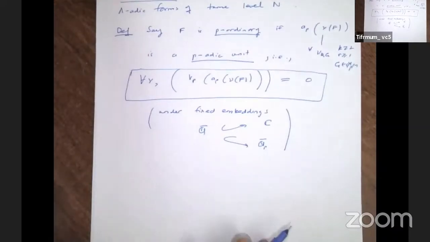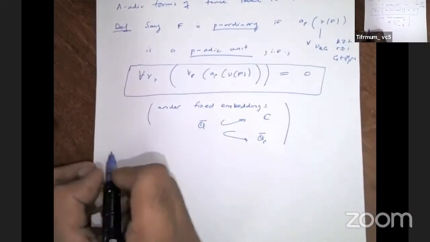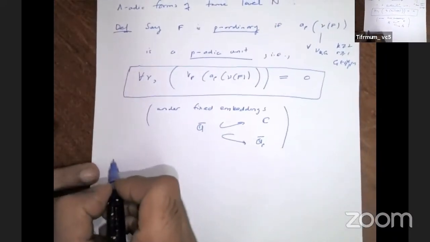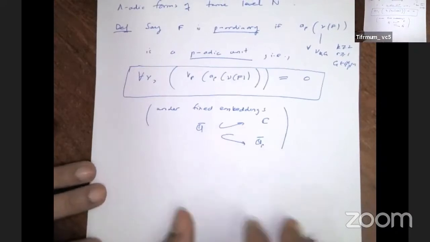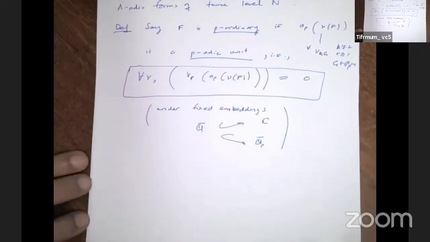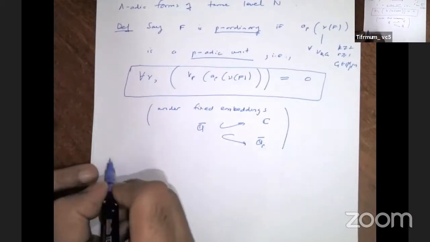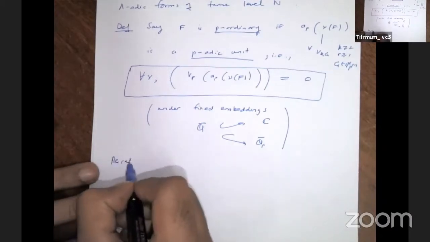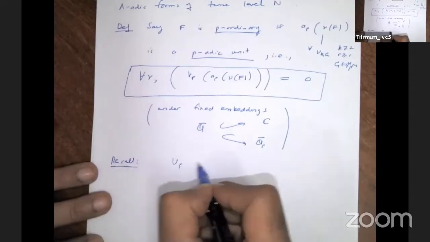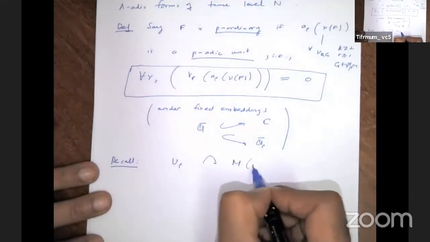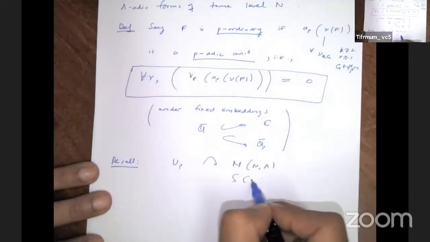Okay, so let us recall now what the space of ordinary, or let us give some notation for the space of ordinary lambda-adic forms. So recall the UP operator, we just said this, acts on the space of lambda-adic forms and the space of lambda-adic cusp forms. It preserves cusp forms, by the way.